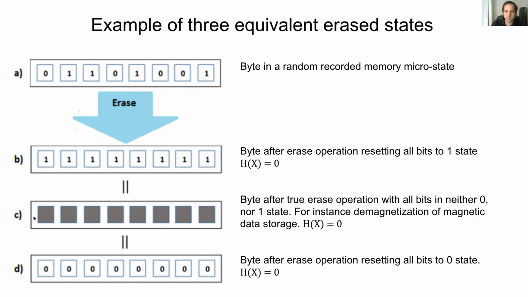And then similarly, this is a different type of situation. But if we know the first state is zero here, and we know that the memory has been erased, then we know that all of the states of the rest of the bits will be equal to zero as well.